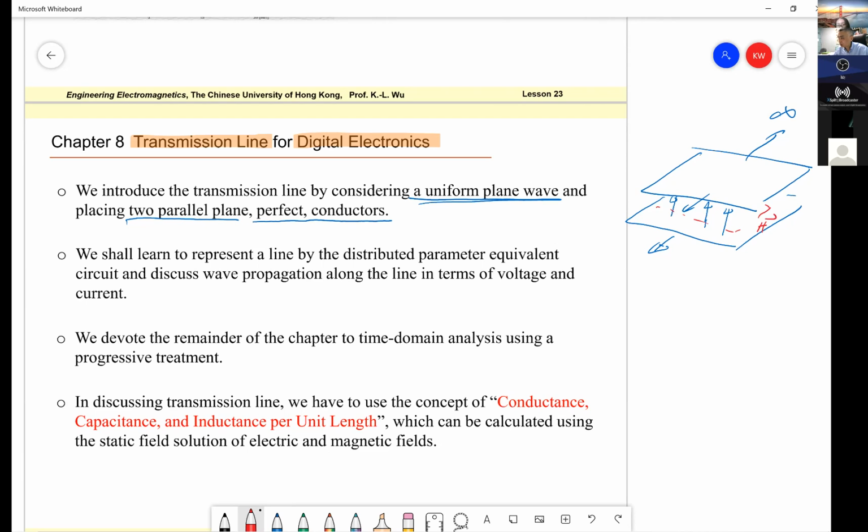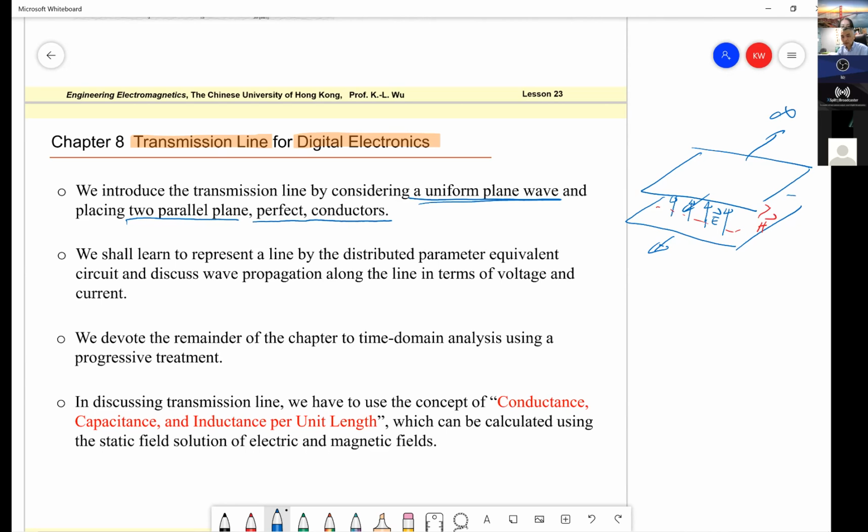This is H, this is E, okay? Then the behavior of electromagnetic wave down such a transmission line is the same as the plane wave we have learned. So we can discuss this material very quickly, okay?